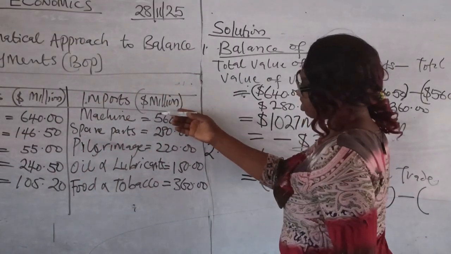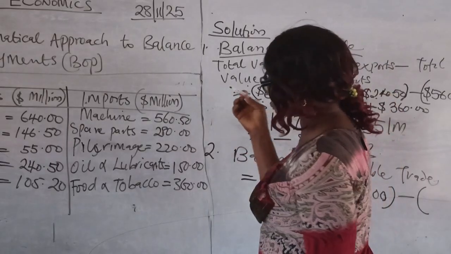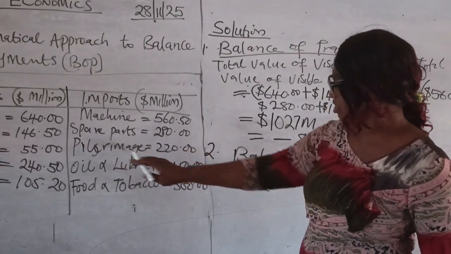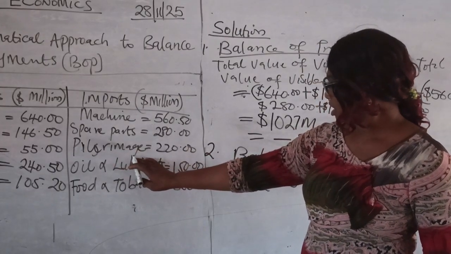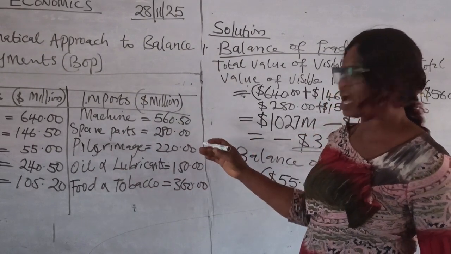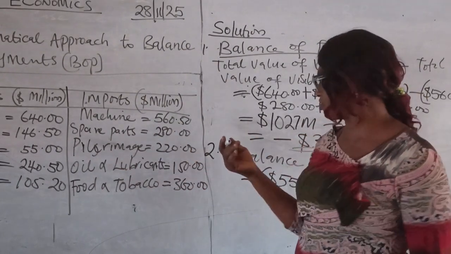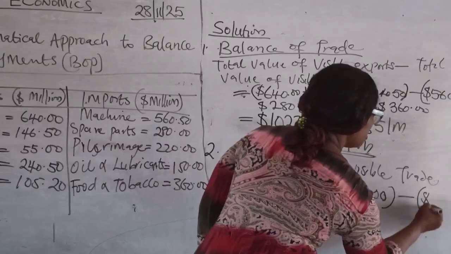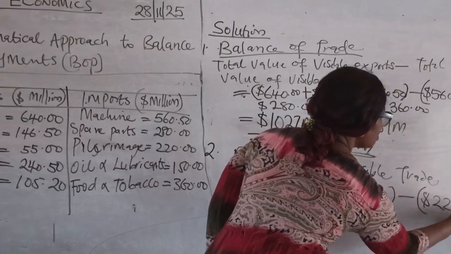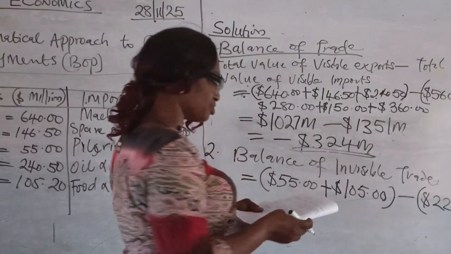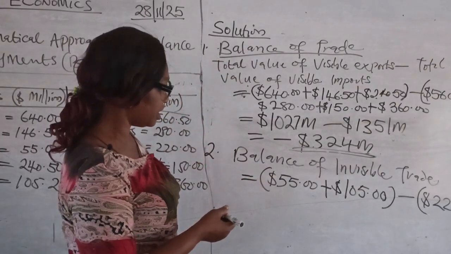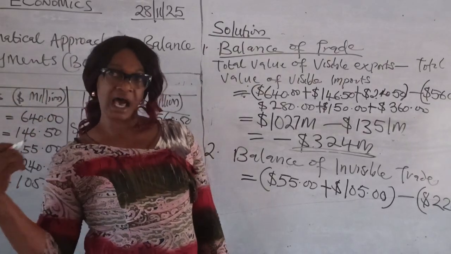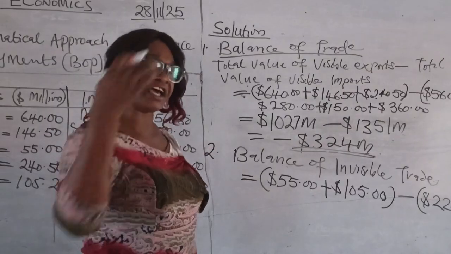the services under imports. What are the services under import? Of course, the services under imports are the pilgrimage. That is the only service there. That's what we imported from other countries of the world, and the total amount is $220 million. So we are going to look at the difference between the invisible services under export and under import.